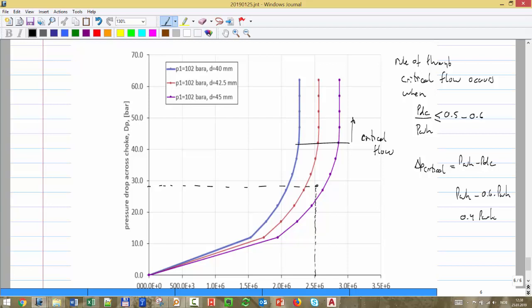So I'm using this equation that I have here to clear PDC as a function of P wellhead, and then I'm summing both of them up, 0.4. Our current wellhead pressure is 102. So that tells me the critical flow is, how much is that? Like 40 something, okay? 40.8.